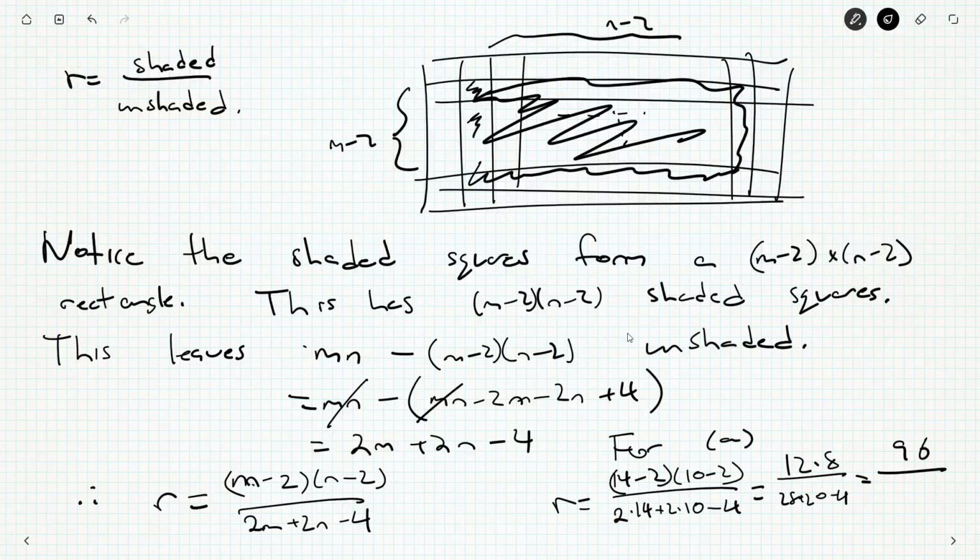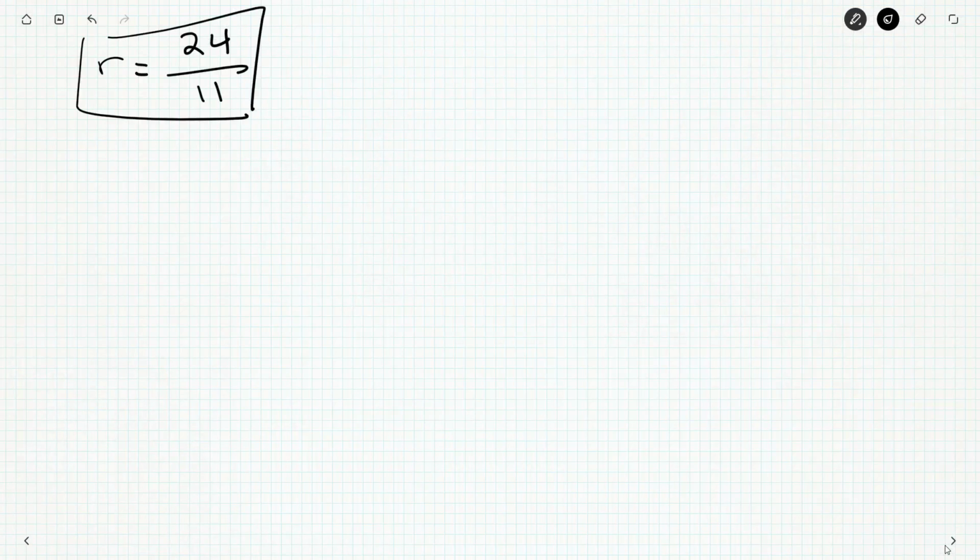It's going to be 96 over 44. And we'll divide both top and bottom by 4. So 96 divided by 4 is 24, and 44 divided by 4 is 11. So that'd be our final answer for A. You can just put 24 over 11 in the box.